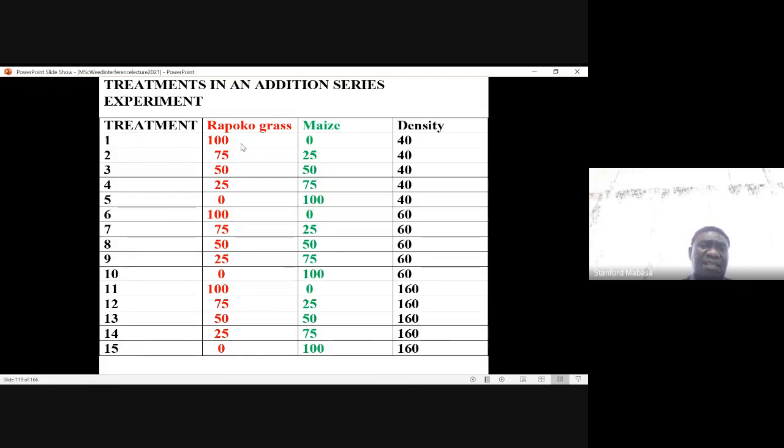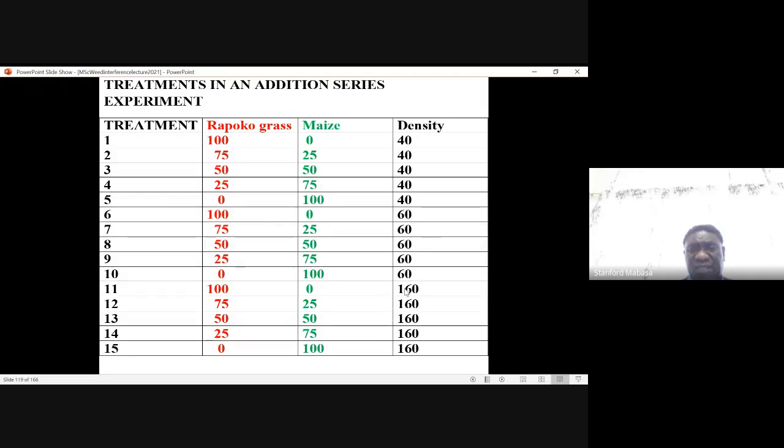You can see as the Rapoko is decreasing, maize is increasing. So from treatment 1 up to 5, we have the proportions of Rapoko grass and maize, and we are operating at 40 as our density. That is the total. Now we can also change the density up to 60, maintaining our proportions.